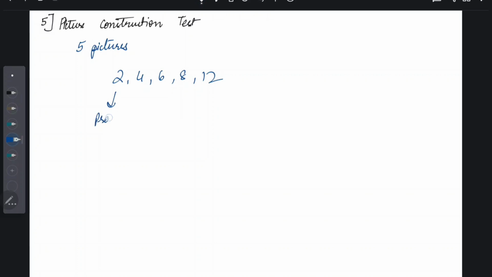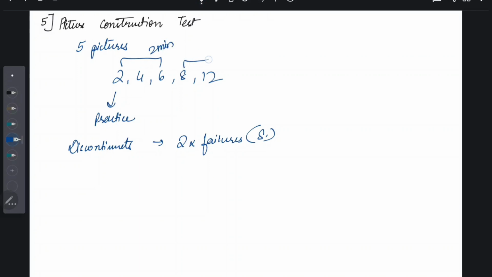This is for practice. It is discontinued at 2 successive failures. The time limit for the first 3 is 2 minutes, and the last 2 is 3 minutes. This is the time limit.